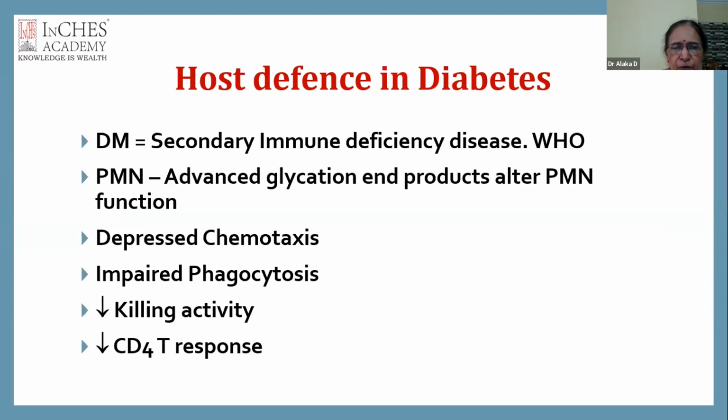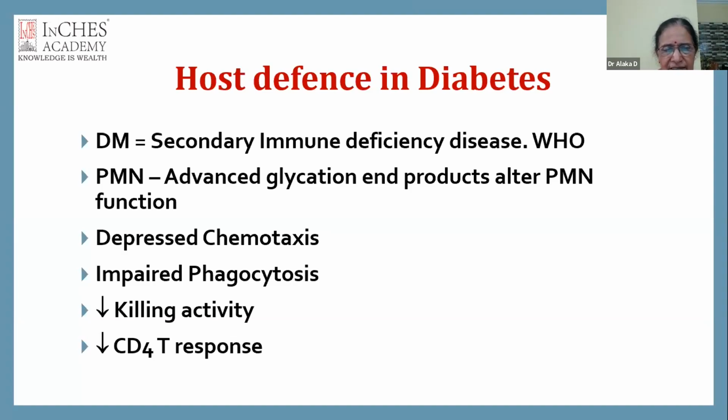The polymorphonuclear cells, there are advanced glycation end products in diabetes which alter the PMN function. There is a depressed chemotaxis, there is impaired phagocytosis, there is a decreased killing activity, and there is a decreased CD4 T response. Now, all this is immunology.